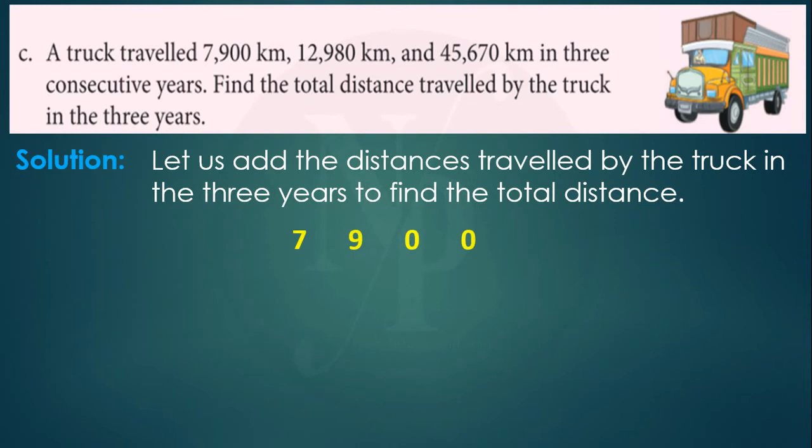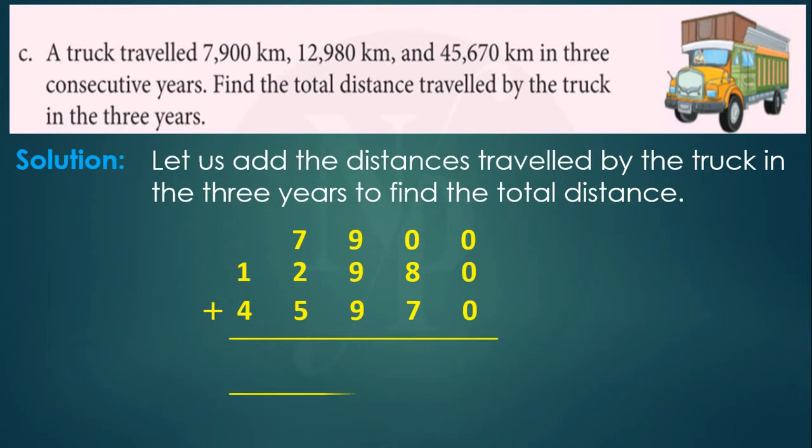Let us write down the given distances. That is 7,900 and 12,980, 45,670. All these distances are in kilometers. Let us add these numbers to find the total distance.